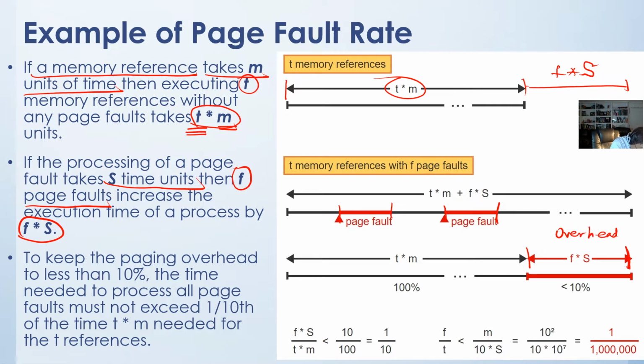Now we hope the overhead, which is F times S, is only 10% or less over the total amount of time for the memory references, which is T times M. So we hope that F times S over T times M is less than 10%.